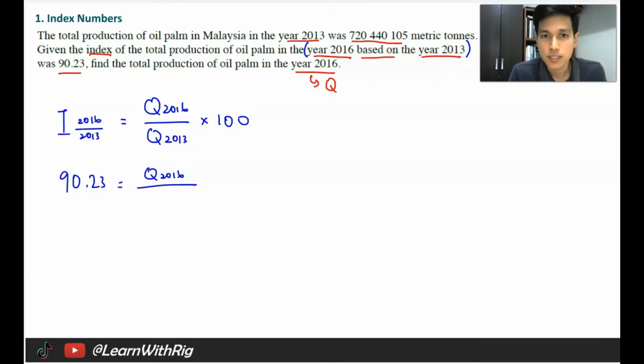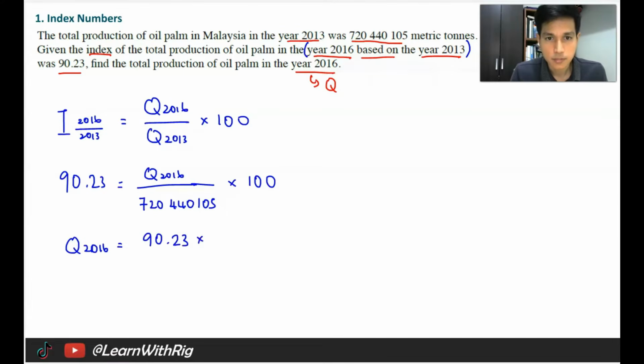What about 2013? So it's 720,440,105 metric ton, times 100. So you can do your usual shifting, so in the end you should get quantity in 2016 should be equals to 90.23 times 720,440,105 divide by 100.